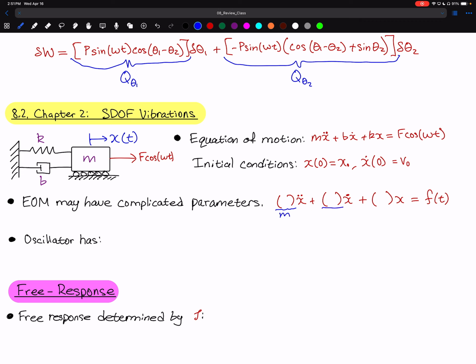Everything in front of the x dot term is considered to be the damping coefficient, or b or c, depending on what you want to use. And then everything in front of x would be considered the stiffness for the system. So the stiffness doesn't just have to be k, it could be some complicated expression. This is what happened on the first midterm, where the parameters for that system had a whole bunch of stuff.